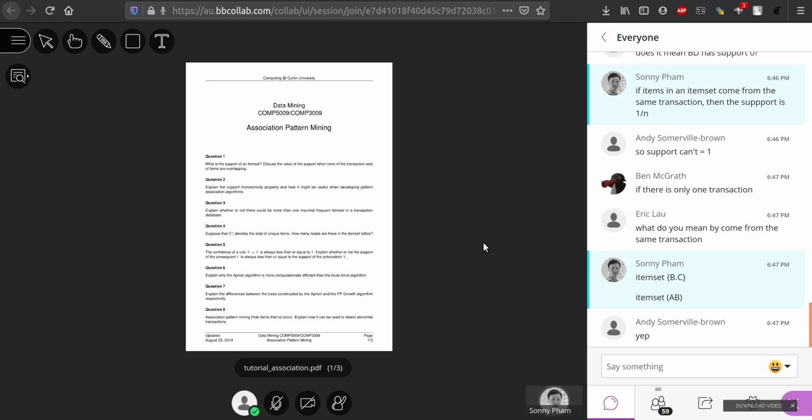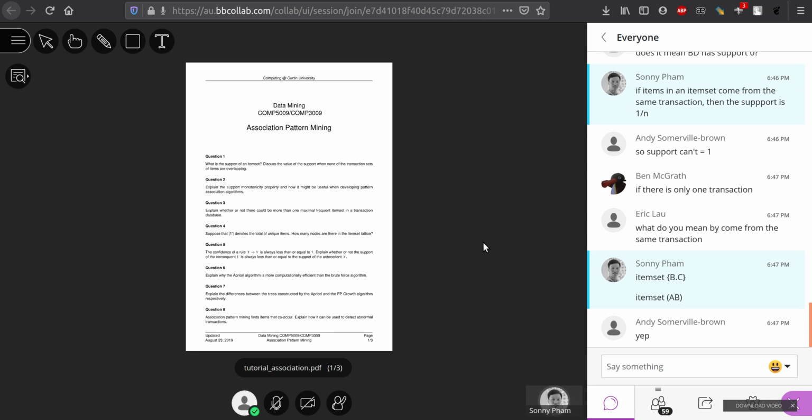So we focus on the second part: how it might be useful when developing pattern mining algorithms. Can anyone answer now? Or maybe I can leave that until later when we finish all the tutorial questions, and you can see the big picture a little bit clearer. If anyone can answer now, I'm more than happy to hear it.